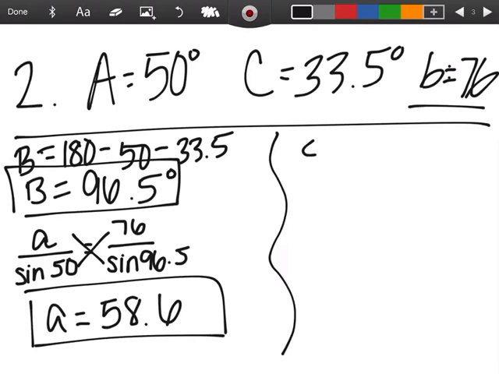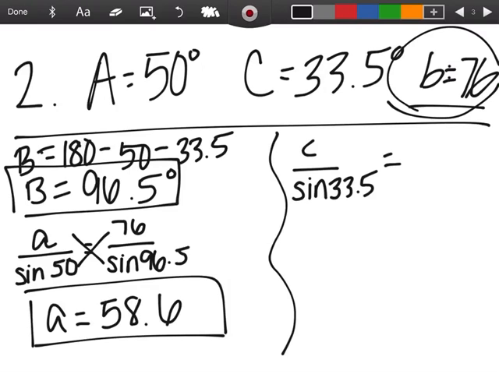For C, I'm going to set up C over sine of 33.5 equal to what I did not have to round. So instead of the 58.59604, I'm going to use B: 76 over sine of 96.5.